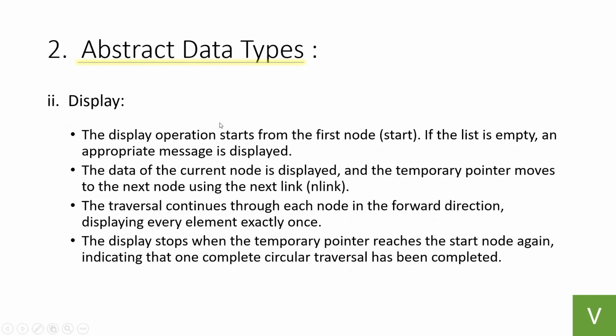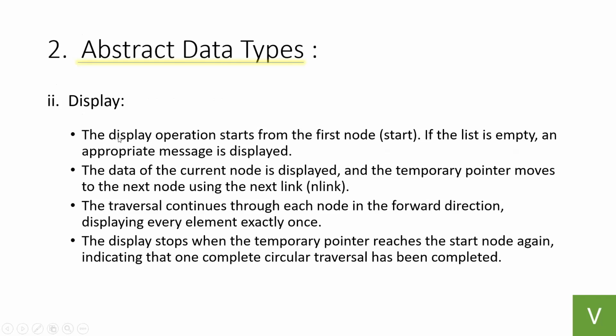Then we will print the starting node and traverse temp to its next node: temp is equal to temp of nlink. We will repeat this entire process until the temporary variable again reaches the starting element. So this is the process of a display function.